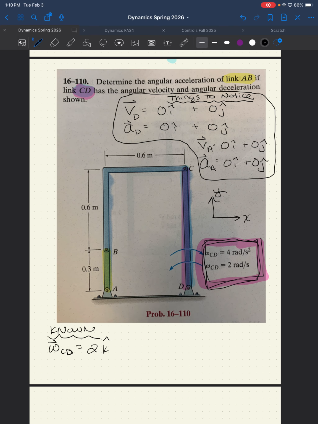The angular acceleration. It's going to be into the page, which is negative k-hat, 4. Yep. So words like deceleration can sometimes be confusing. It doesn't always mean it's negative. You have to set a coordinate system before you can be sure it's negative.